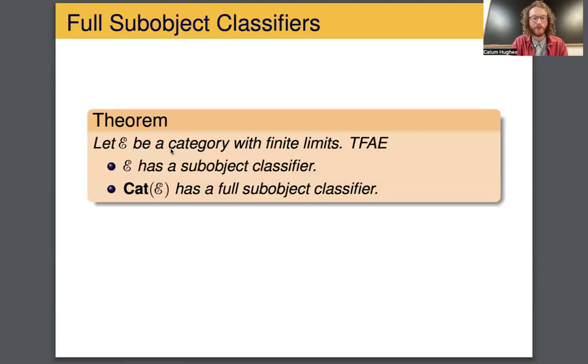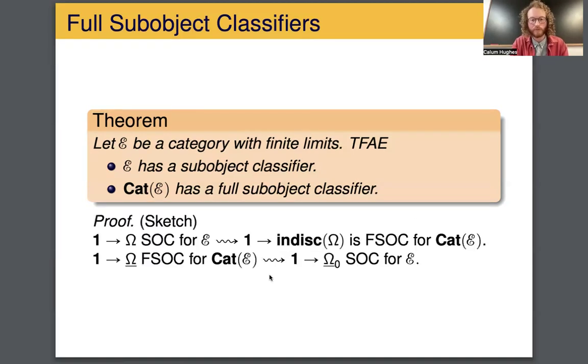If we've got a category E with finite limits, then E has a subobject classifier if and only if Cat E has a full subobject classifier. So these things correspond exactly to one another. To give a sketch proof, if we have a subobject classifier for E, then if we take indisc of this subobject classifier, we get a full subobject classifier for Cat E, just as the case was when E was Set.